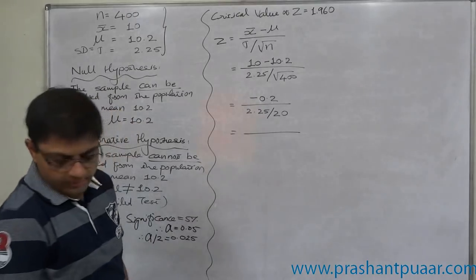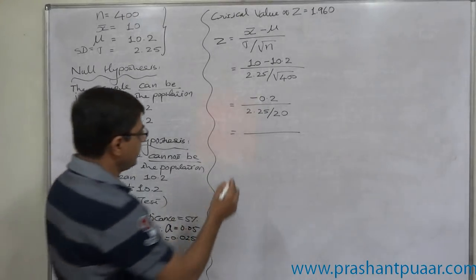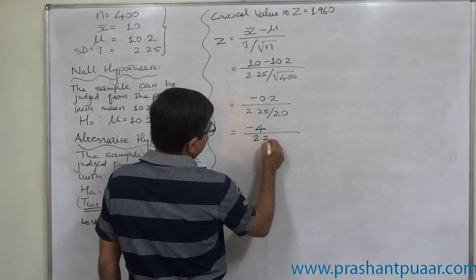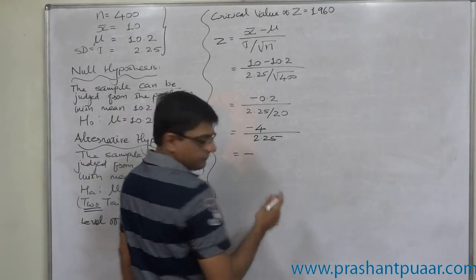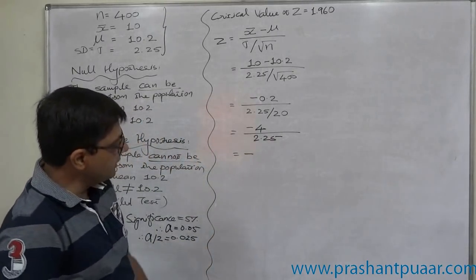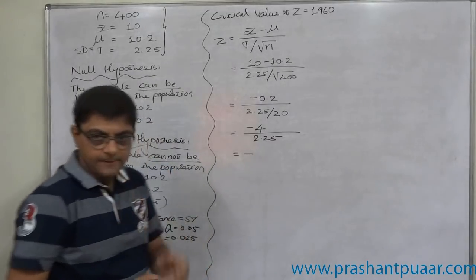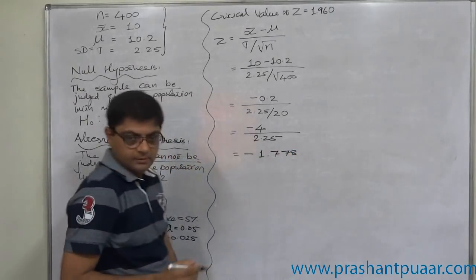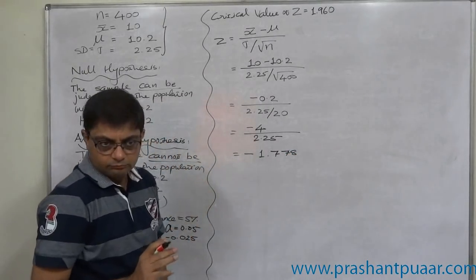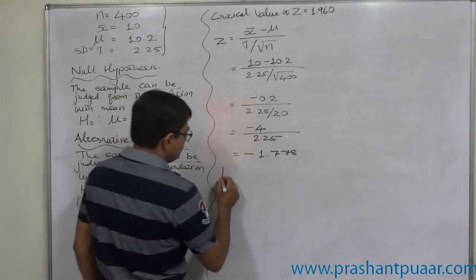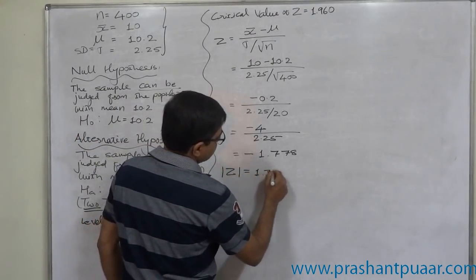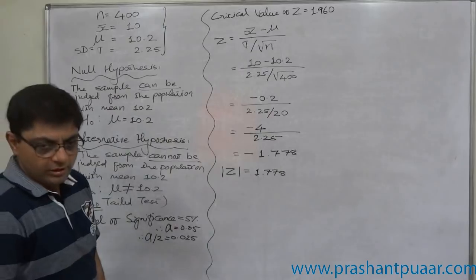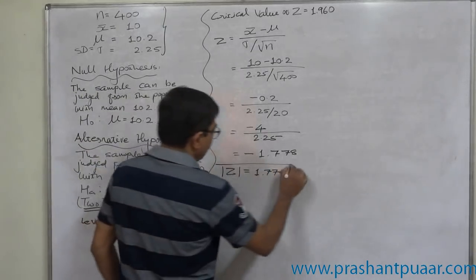You can write it as minus 0.2 into 20, that is minus 4 upon 2.25. So ultimately the Z value is negative. 4 divided by 2.25 is 1.777 recurring, so we can say it is 1.778. It is negative, but we are going to use the sign of modulus, just to make the comparison of critical value and calculated value.